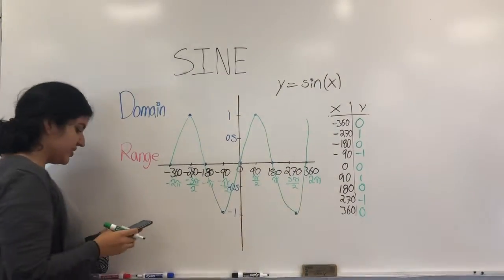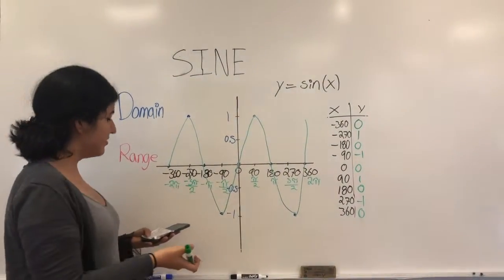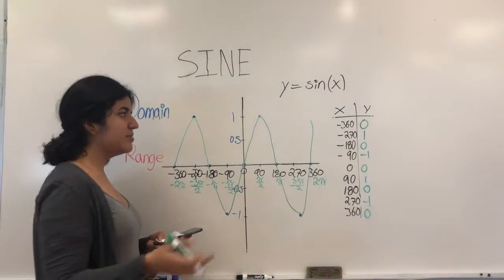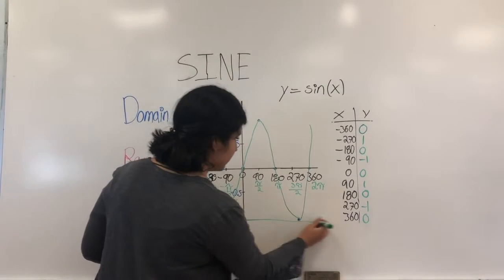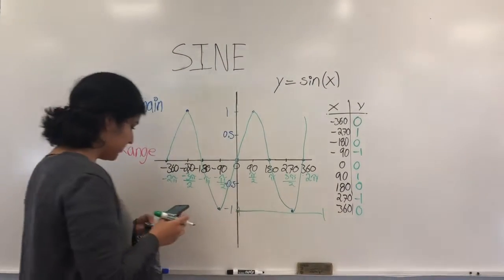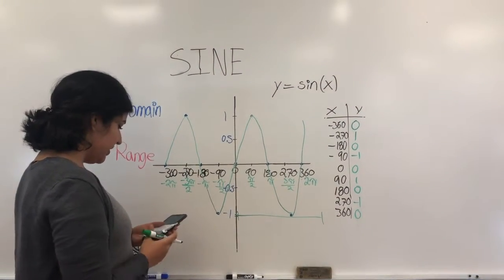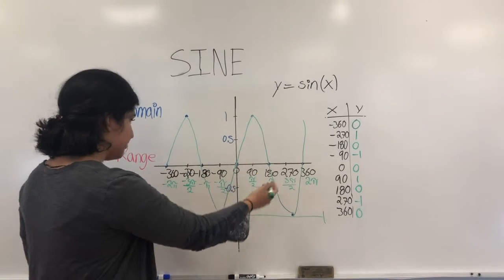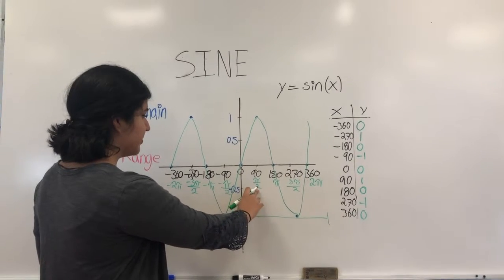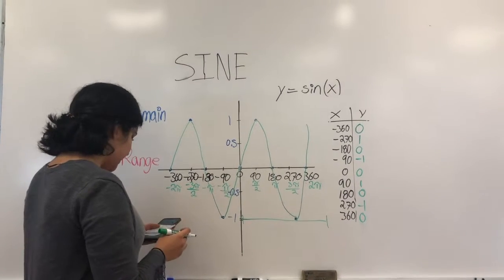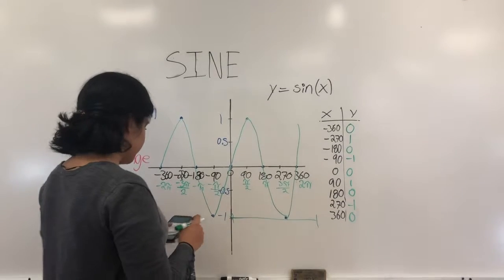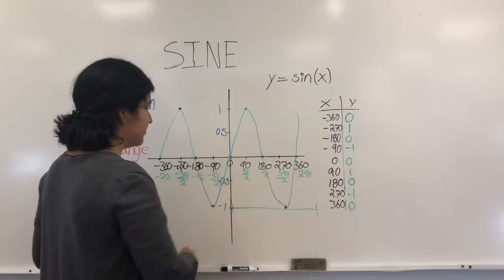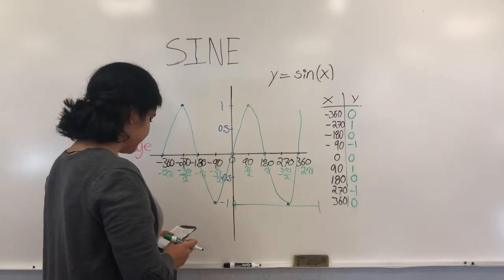The sine function has this beautiful up-down curve with a 2 pi radians period. It starts at 0, then heads up to 1 by pi over 2 radians, and it goes down again to 0 at 180 degrees.